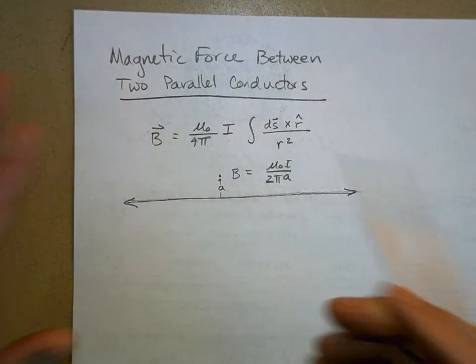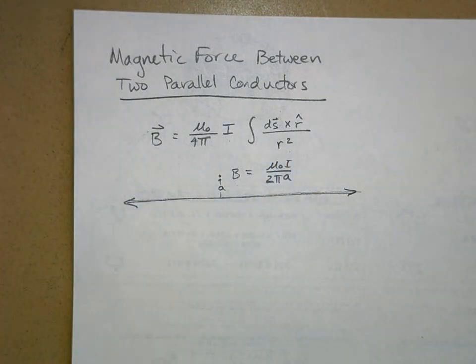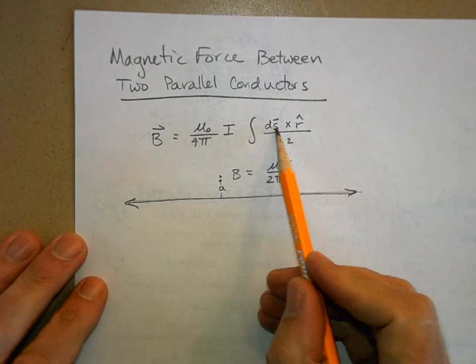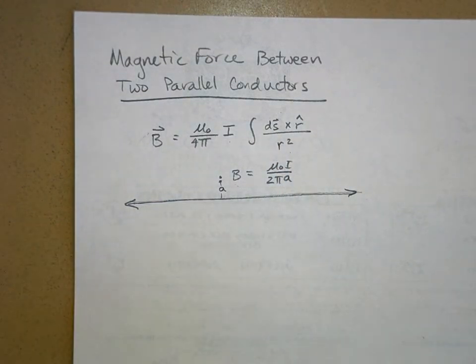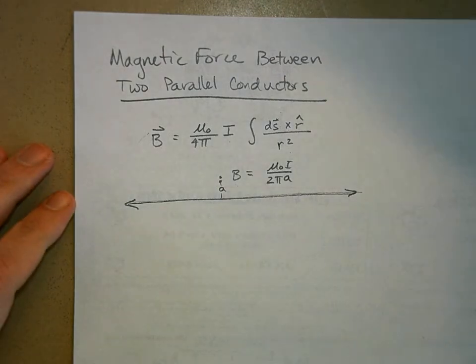You can always find the direction of the magnetic field using the Biot-Savart law. It's not that bad. You just have to go ds cross r hat, but you have to know what ds and r hat are for this problem. Let me zoom in because I wrote too small.